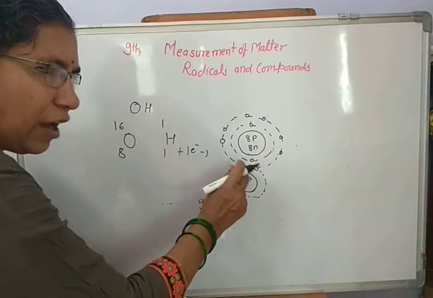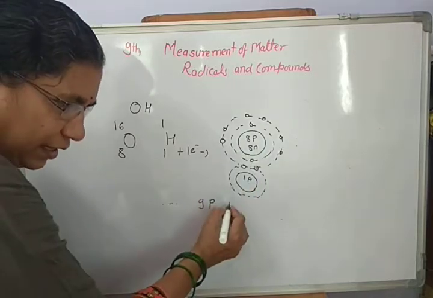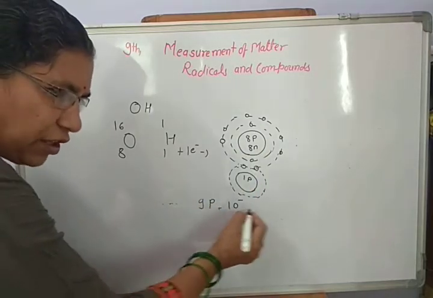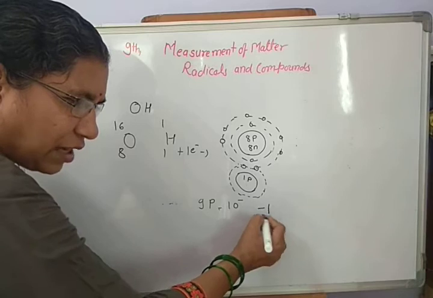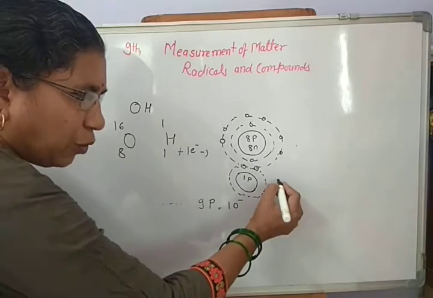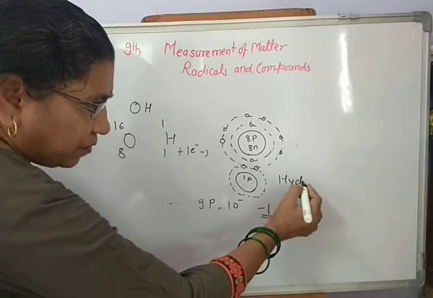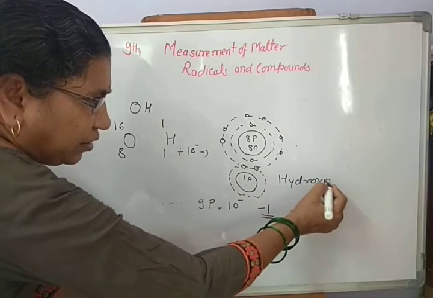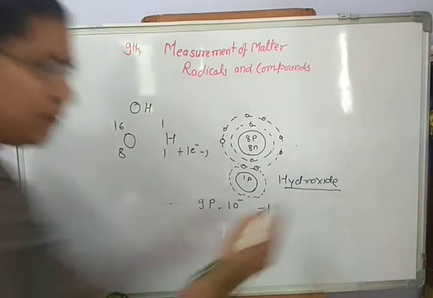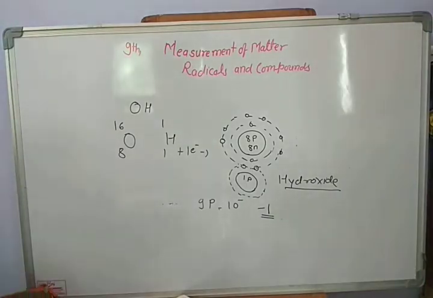And how many electrons are there? 10 electrons are there. So a -1 charge is developed there, and therefore this is the hydroxide ion, because hydrogen and oxygen. Hydroxide radical. This is how the hydroxide radical is formed.